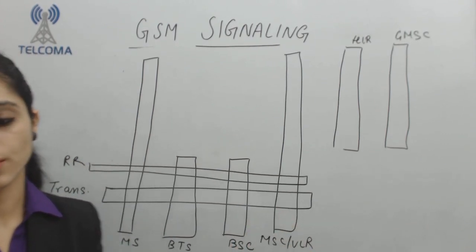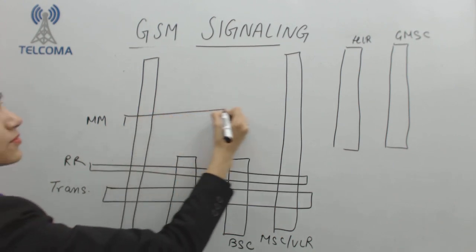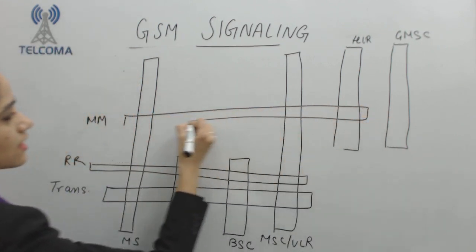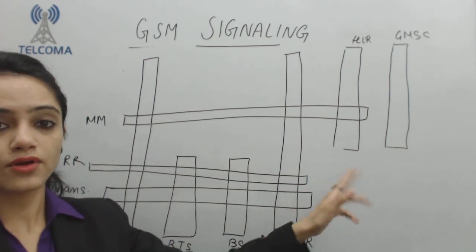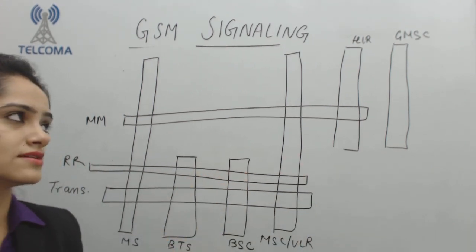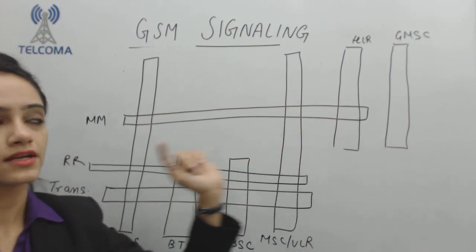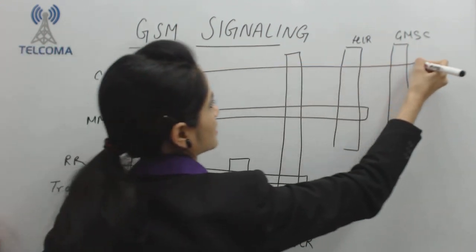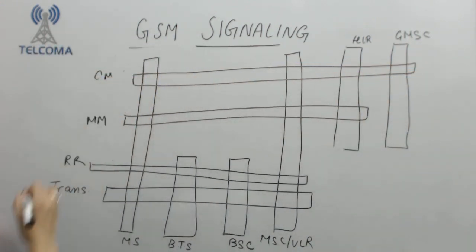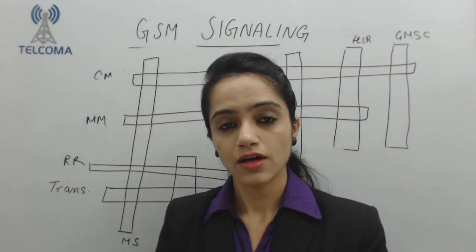Now we have MM protocol. Mobility management protocol is required for HLR also. I have not given mobility management to these entities because mobility management is related to HLR and VLR. But if I go to CM, that means connection management, then I require connection to the gateway MSC also.